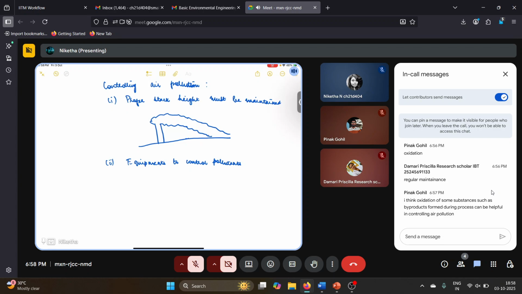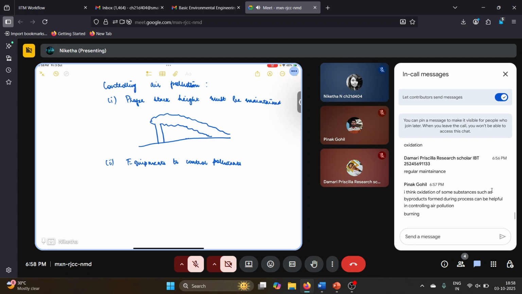Okay, what is oxidation? What do you mean by oxidation? And what are the byproducts that you think will come out? I'm not understanding what you are saying here because, see, oxidation.